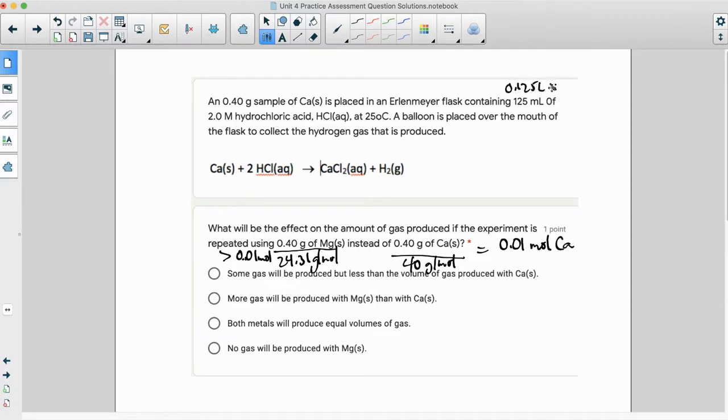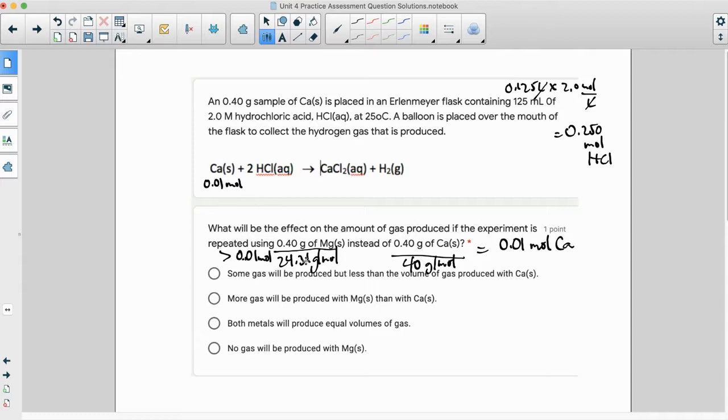And then if we look here, we have our 0.125 liters times 2 moles per liter for our hydrochloric acid. So that's our 0.250 moles of HCl. So we can see here that 1 mole of calcium, the 0.01 moles of calcium, is clearly the limiting reagent here in this case.